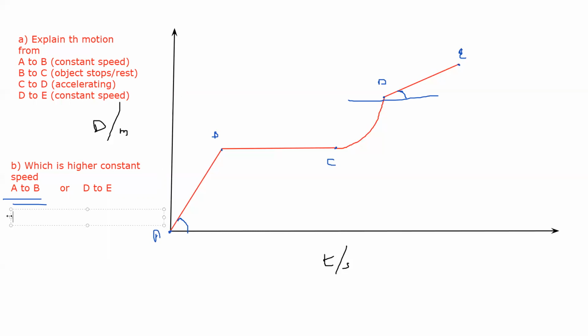You can mention A to B is higher speed because of greater gradient or angle, or you can also say slope. So these are the terms used to explain the comparison. This is the way we compare, that we mention the term speed by using a gradient, angle, or slope. Is it clear to everyone?